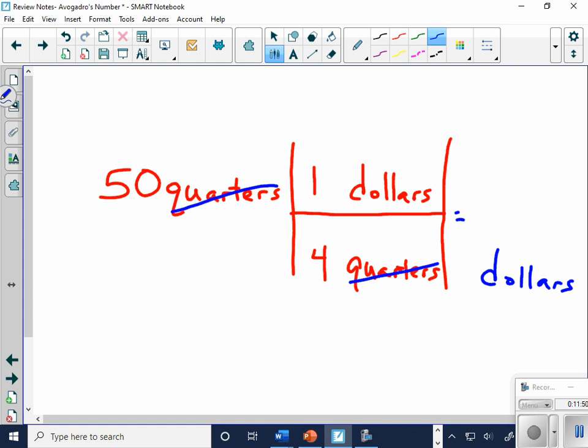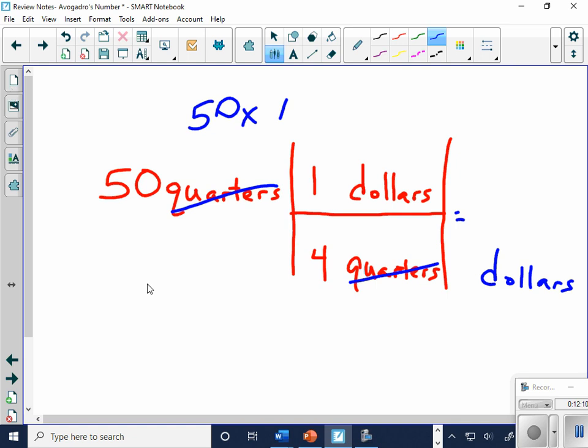So what I'm going to do is I am going to take 50 times it by 1. Now, people actually do this in their calculator. Do you need to do that step? What's 50 times 1? 50. You don't need to do that step. And then I'm going to divide it by 4.